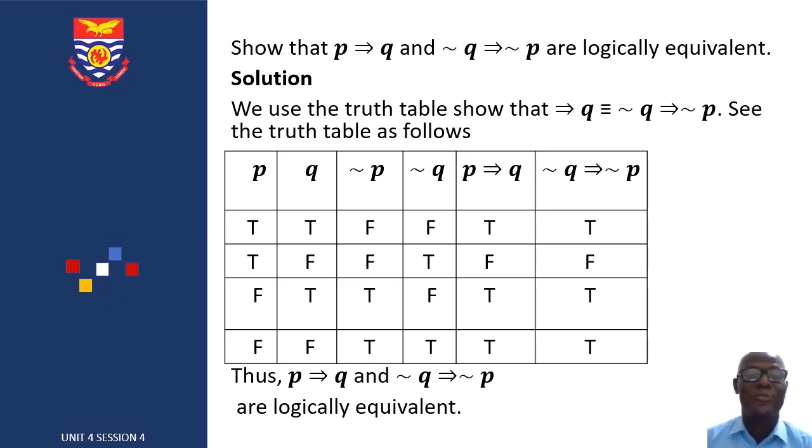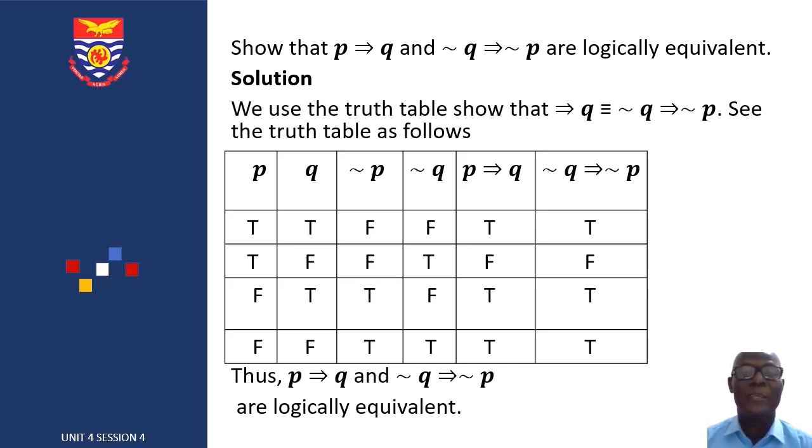If P is true and Q is false, since the second statement is false, then P implies Q is false. If P is false and Q is true, then its implication is true. If P is false and Q is false, then P implies Q is true.